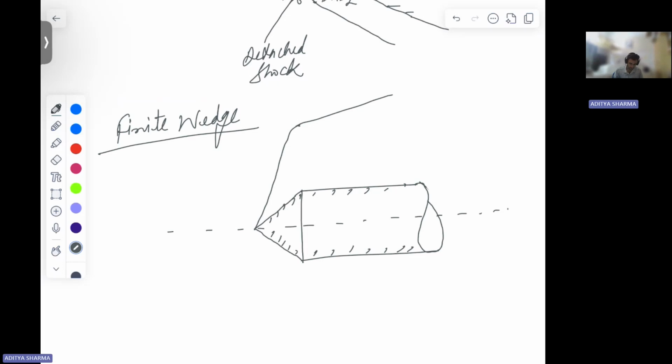So what happens here is that your flow is moving in this direction. Then this deflection is there. This is M2, this is M3.